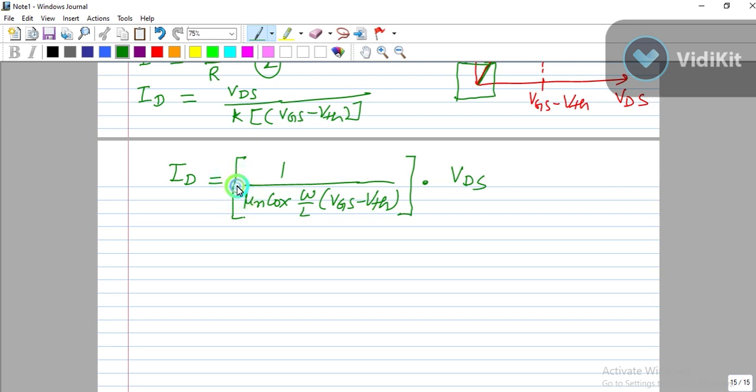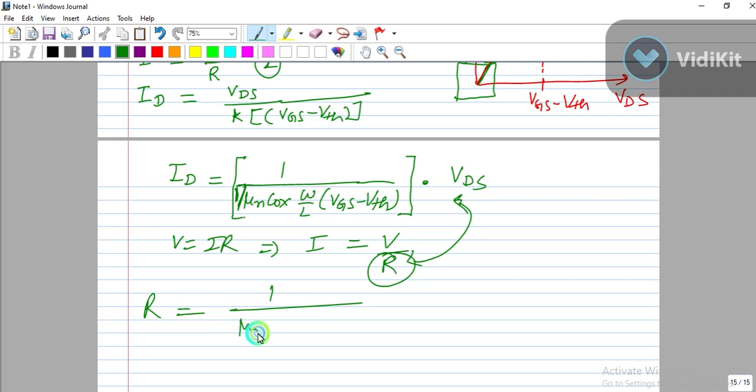Okay, V was equal to IR and I was equal to V by R. So what is R? Compare these two. You will find that R equals 1 by mu n COX W by L times VGS minus VTH. I'm keeping the whole thing in brackets. I'm writing it again.